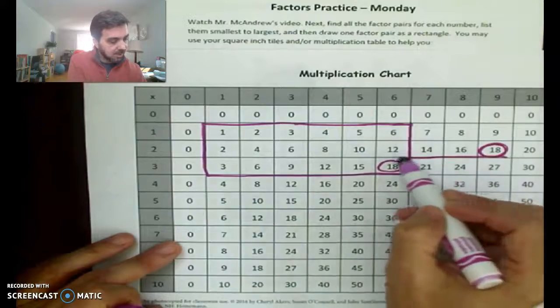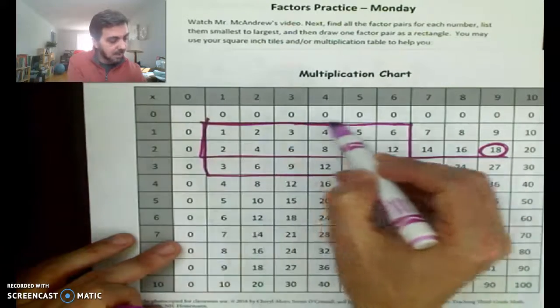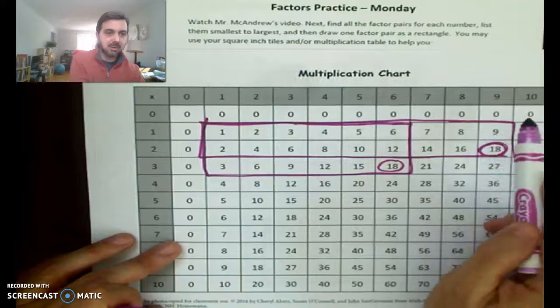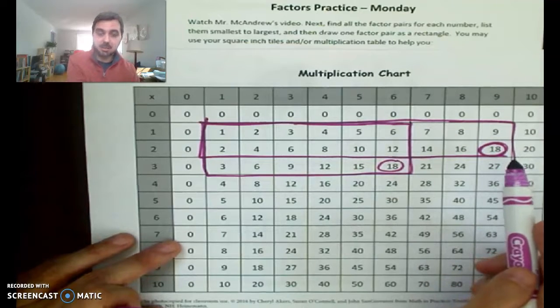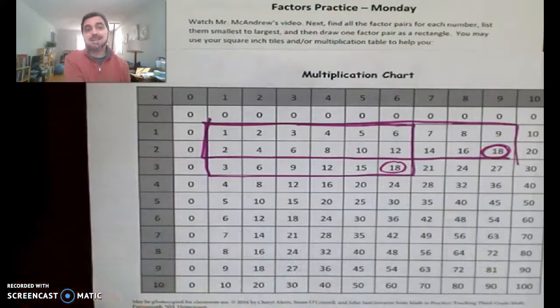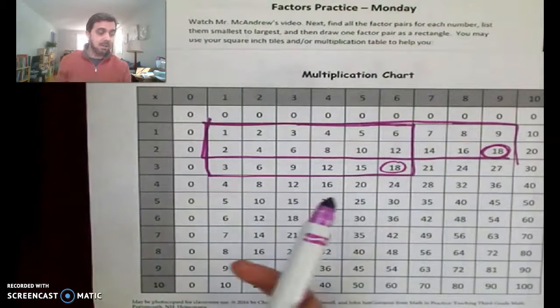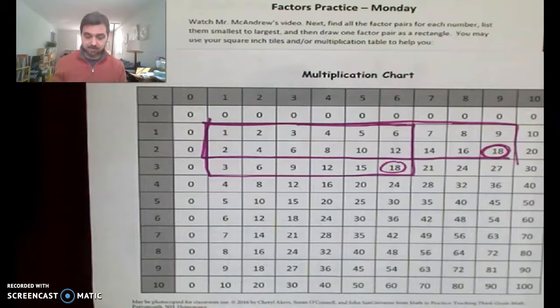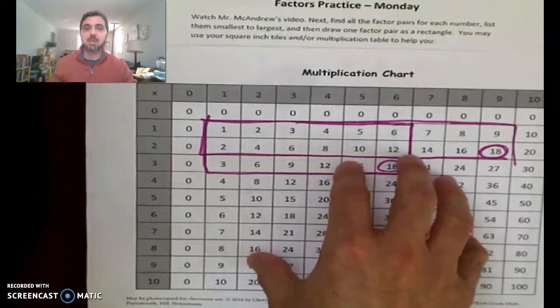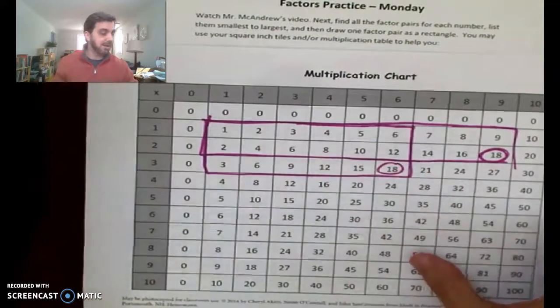And if I were to do that, you could see that it's harder to see, but the length is 9 and the width is 2, just like with the square inch tiles. Okay? So this can be helpful to you. It doesn't show all of them. For example, it doesn't show 1 times 18, right? And for 30, there's a few that won't show up on here. But this is another good tool that you can use to help you find the factor pairs.